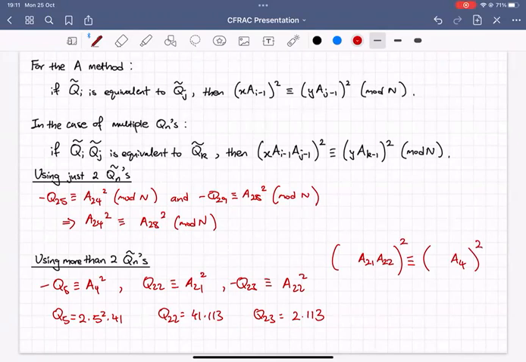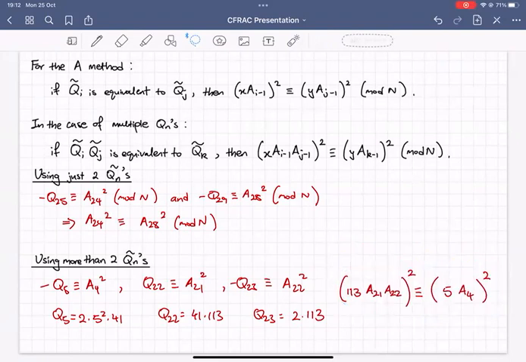Notice that this gives you 113 and a 5. So notice that the 2 and the 41 cancel out on both sides. So feel free to pause the video and try this out yourself. And again, this is an instance of the theorem.